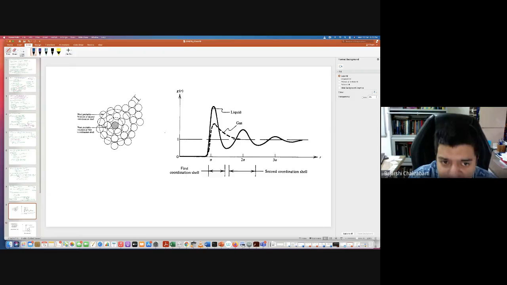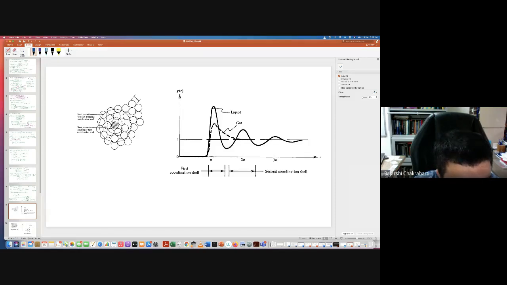So you can see this is the plot of G of R for, I think, liquid argon and gaseous argon. You can see for liquid argon there is a peak at sigma. What is this sigma? These are argon atoms, they have the van der Waals radius sigma. So if I move from here to here, I'll find what is known as the first coordination shell or solvation shell. What is the distance between this center and this center?